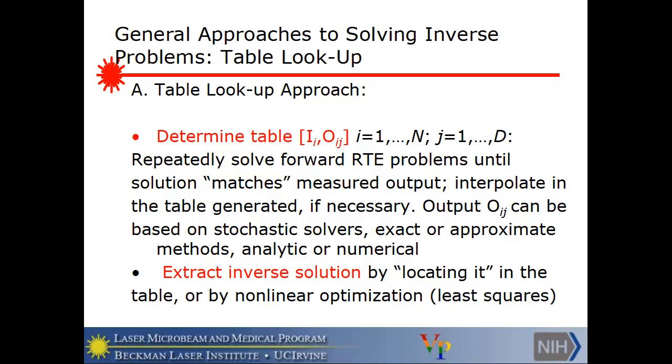The output could be based on stochastic methods or exact or approximate methods, any method at all. And you locate the inverse solution either by just finding it in the table, or doing an interpolation in that table, or by a nonlinear optimization, a least squares formulation.